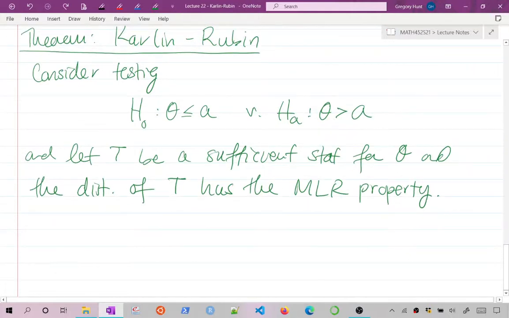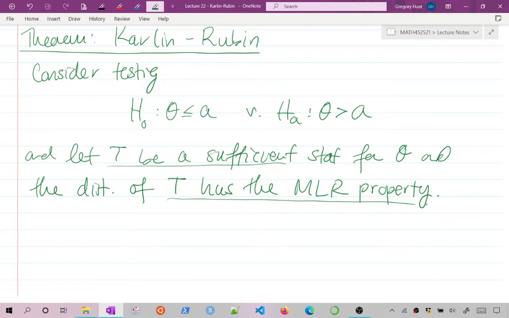And the Karlin-Rubin theorem is going to say that our sufficient statistic has the MLR property. So T, our sufficient statistic, is typically univariate, I guess implied here is a univariate random variable. It has a distribution, and that distribution may or may not have the MLR property. So the ratio may or may not be nicely behaved.